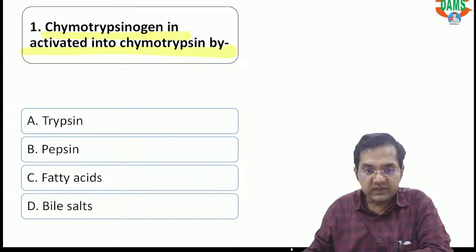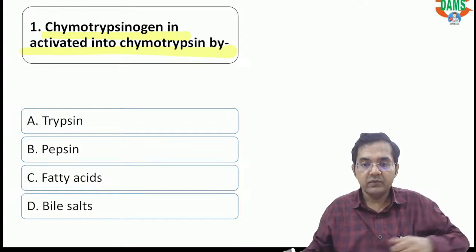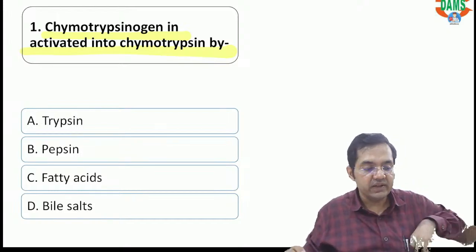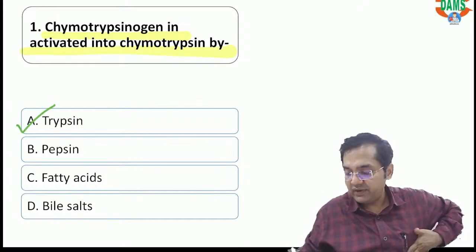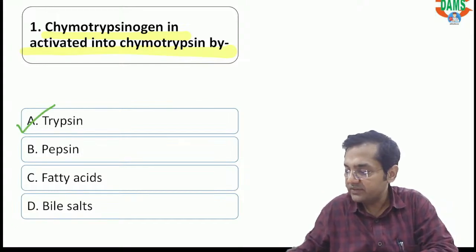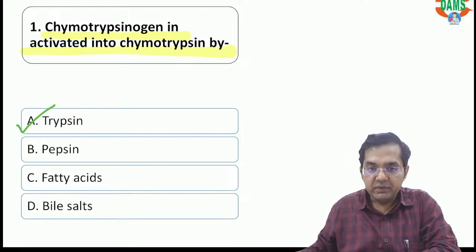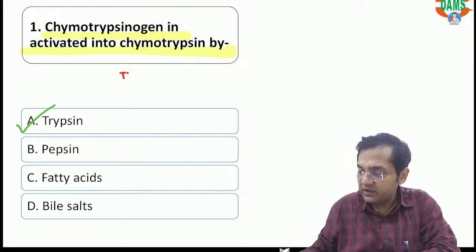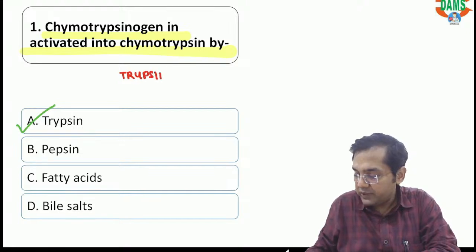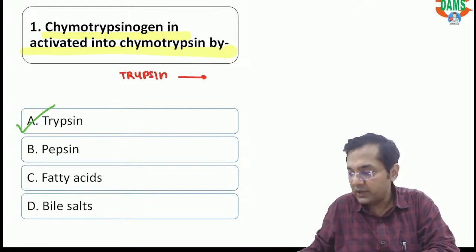The answer is none other than trypsin. So who does that? The answer is trypsin, right? Remember that trypsin converts chymotrypsinogen into chymotrypsin.